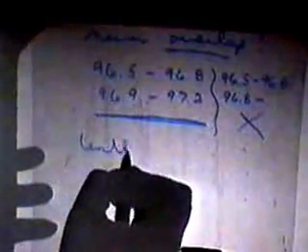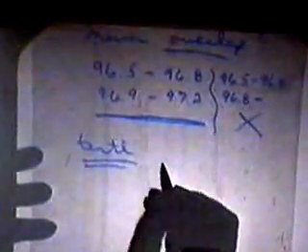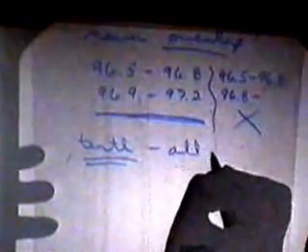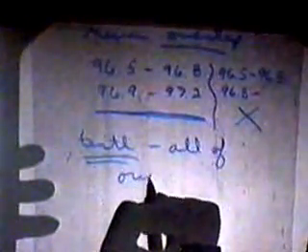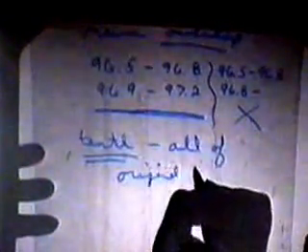If the class limits here are to the 10th decimal place, you knew all of the original numbers were in tenths. Because these had a tenth here, that said all of the original temperatures were recorded to the nearest tenth.